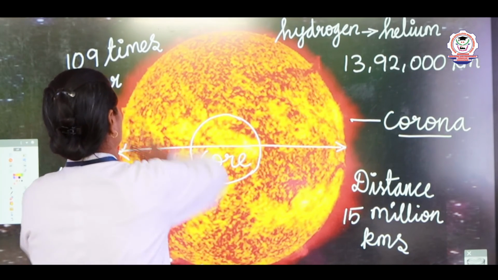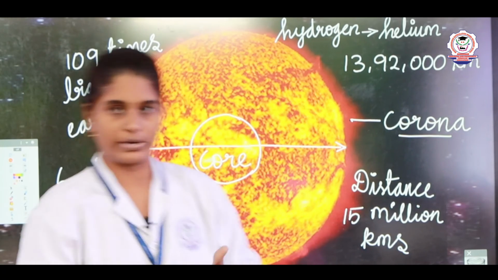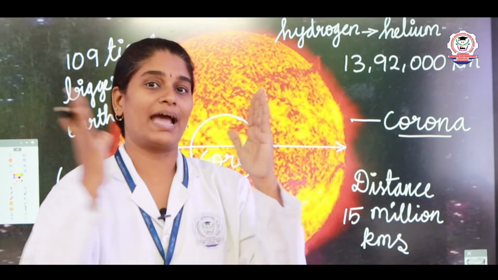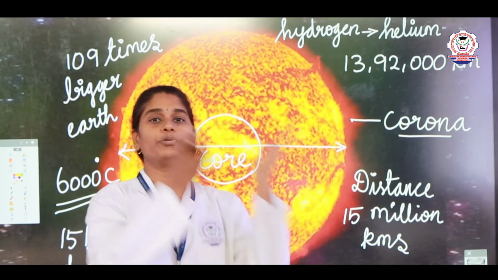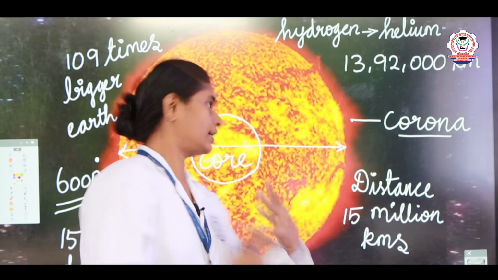We know that the sun is made up of gases that are burning out. What gases is it made up of? Hydrogen and helium. The hydrogen gas is burnt into helium, thereby giving out a large amount of heat and light.